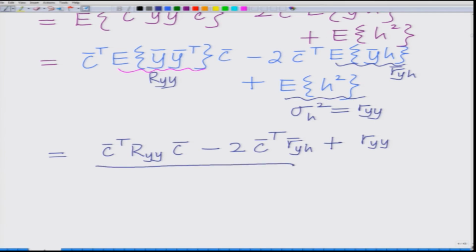What is this? This is your MSE as a function of C bar, which is the combining vector.